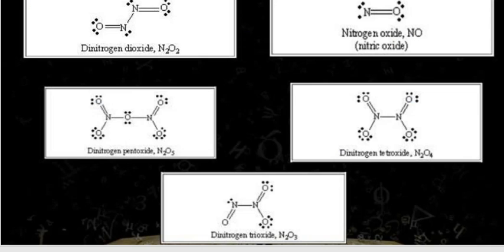Second one, that is NO, and N2O5, N2O4 and N2O3, dinitrogen trioxide. These are the Lewis dot structures, the main resonance structures of the oxides of nitrogen.